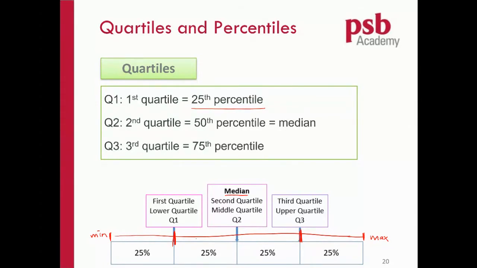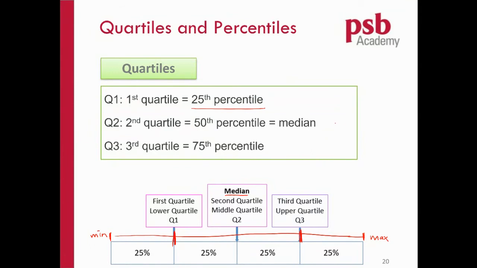Then you have another one, which is the median. The median will be automatically called the second quartile or middle quartile. And the third one is called the third quartile or upper quartile. So the first quartile is also called the 25th percentile, the median is called the 50th percentile, and the third quartile is called the 75th percentile.